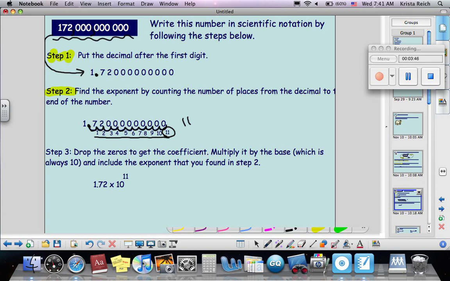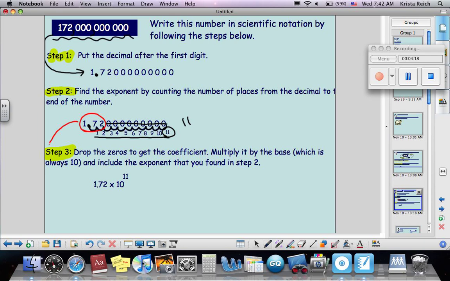Finally, step 3 in scientific notation is you're dropping the zeros, and we want to get that coefficient, that first number. We're going to multiply it by the base, which is always 10. I told you guys that will never change. And it will include the exponent that you found in step 2. So here we go. This is scientific notation. We drop all these zeros, so we're left with 1.72.